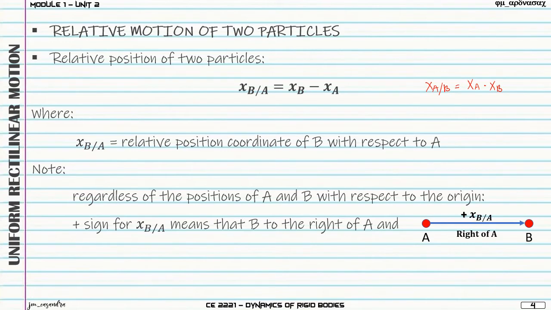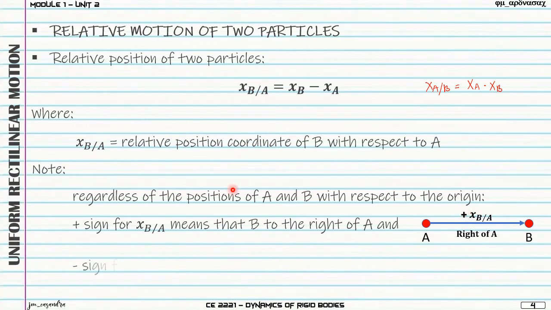So in any position, whenever you are at A, the second particle B will always be at the right of A. So that will be a positive relative position.